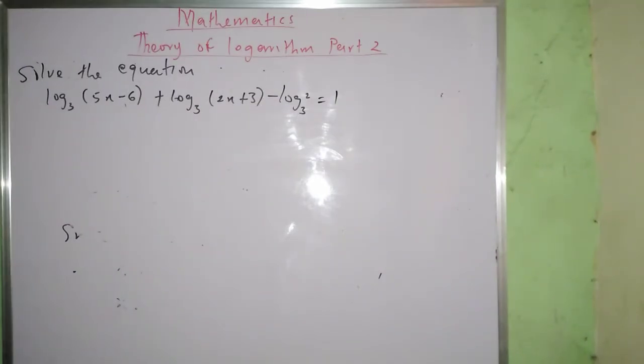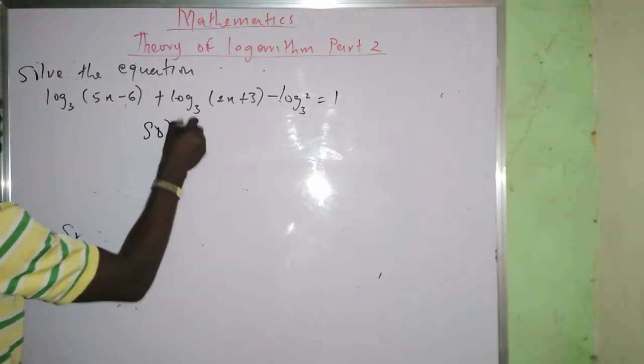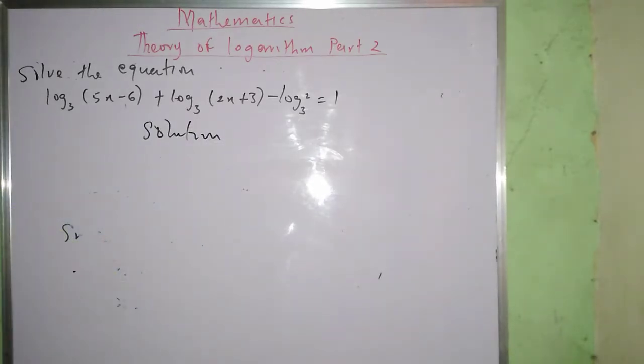How do I go? The first thing I will check is, are they of the same base? If they are of the same base, no problem. But if they are not on the same base, there will be a big problem. Since the base is equal, I have no issue. Now, I can follow the laws of logarithm.